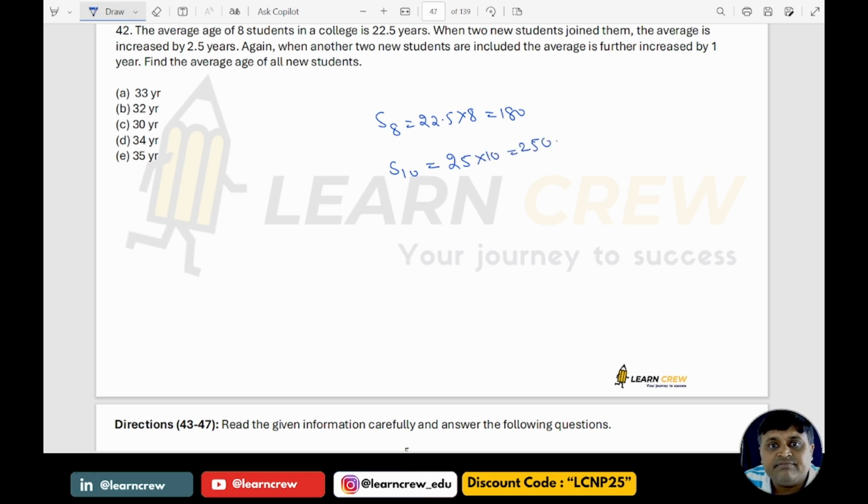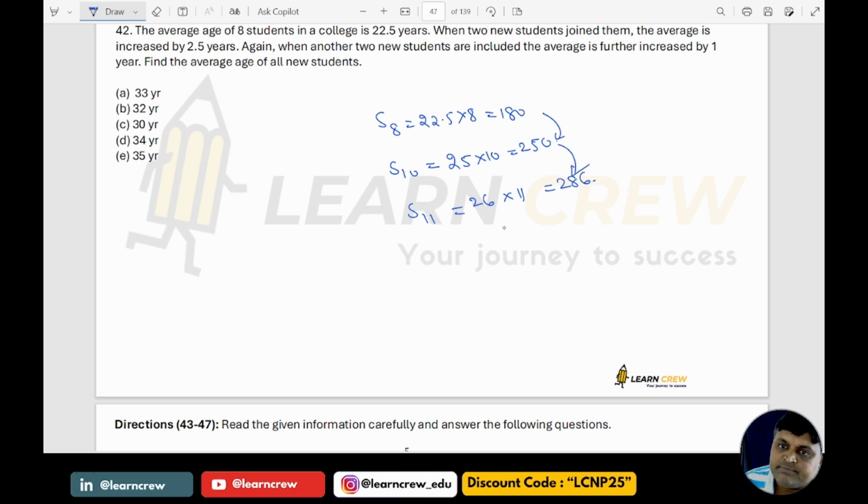Now again, when another 2 students are included, the average is further increased by 1 year. So now you have 11, further increased by 1. 26 into 11, 286. Find the average age of all new students.